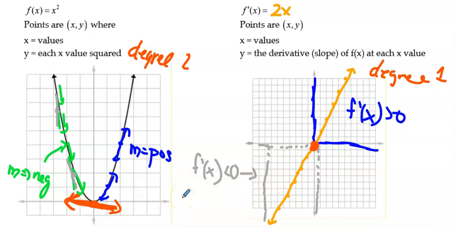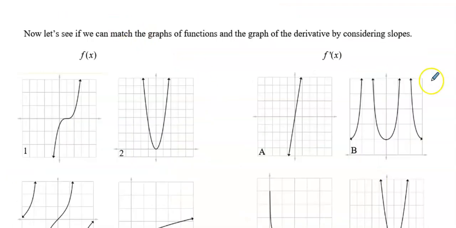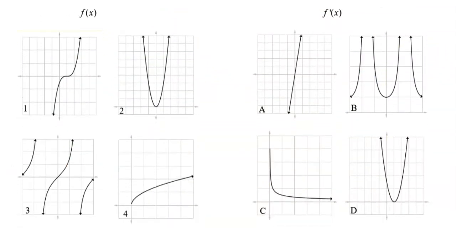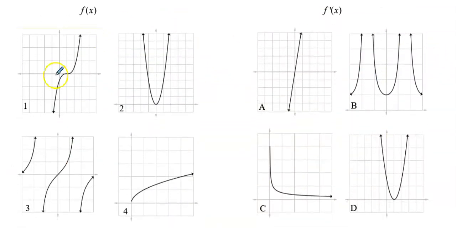Let's go ahead and look at 4 more examples of this and start comparing basic stuff with just slope. So let's look at the next example. For these examples, we have function graphs and derivative graphs, and we want to sketch or get an idea of which of these derivatives match these f of x graphs.